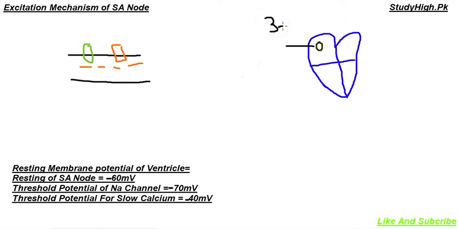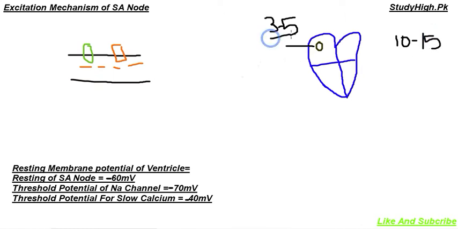Its diameter is 3 to 5 micrometer, whereas the diameter of most of the fibers of the atria is between 10 to 15 micrometer. So it has less diameter.